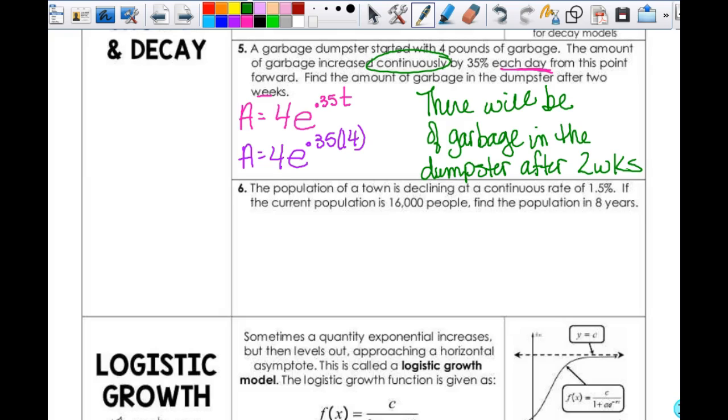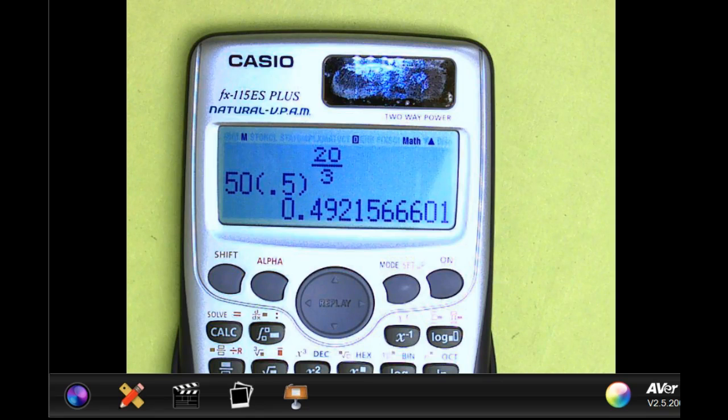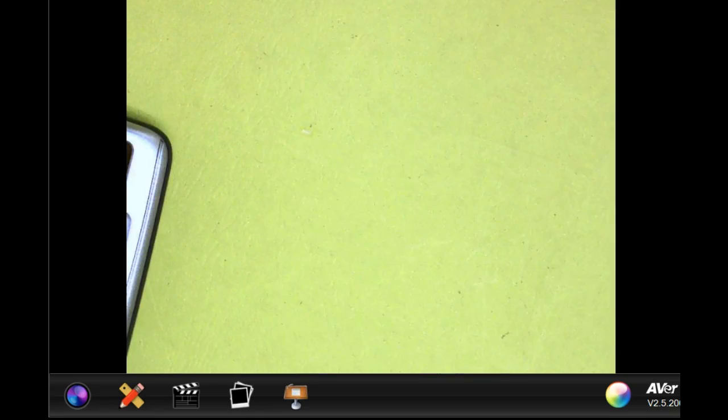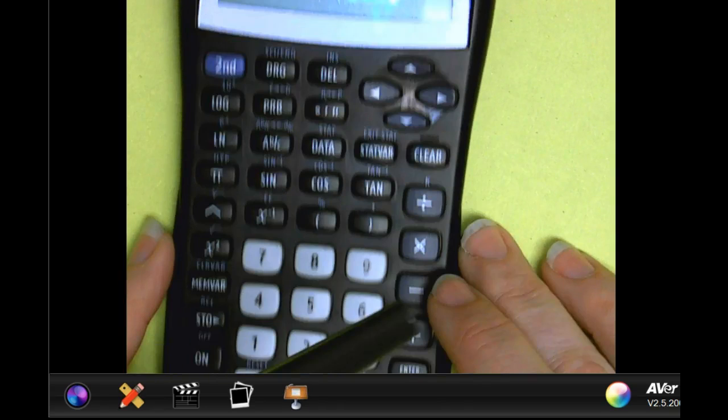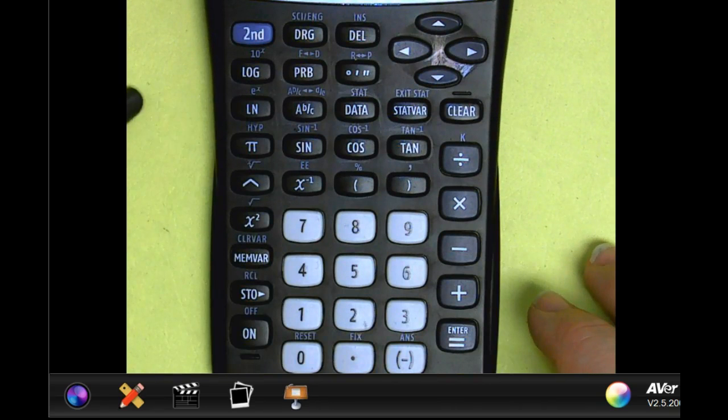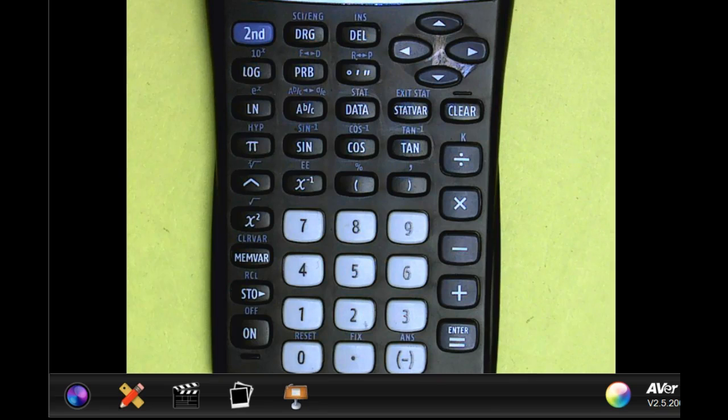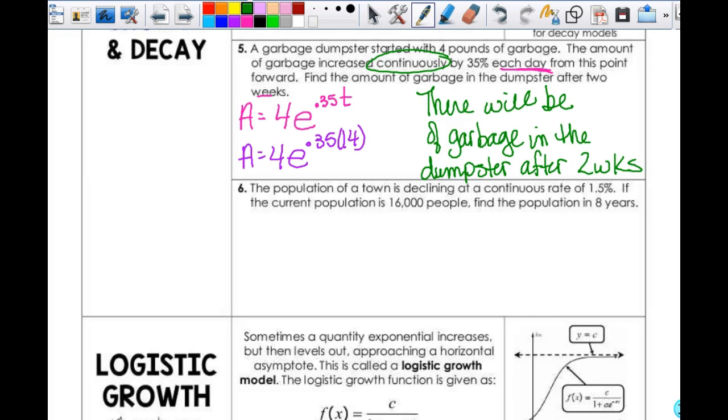So did everybody find where the e is? e goes with natural log, and it's the second part, which you really can't even see on my document here, but it's above the natural log. All right, so what'd you get? 79.167. Y'all agree with that?